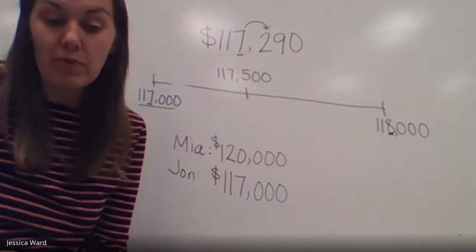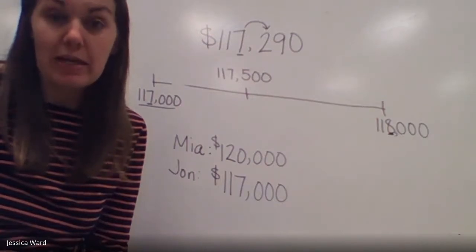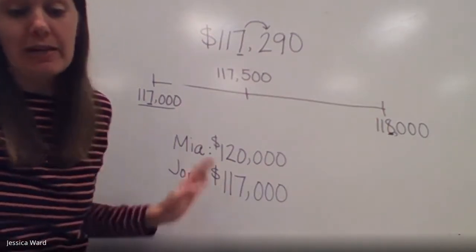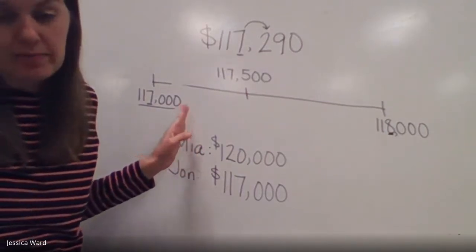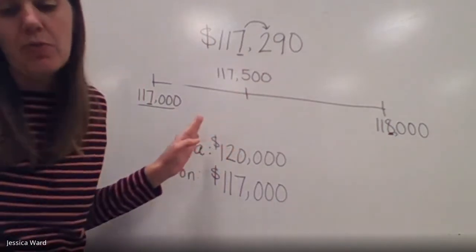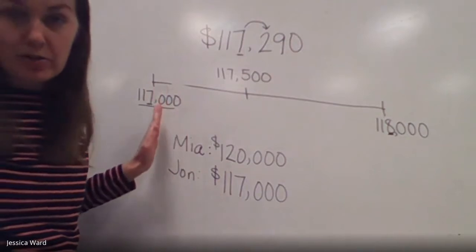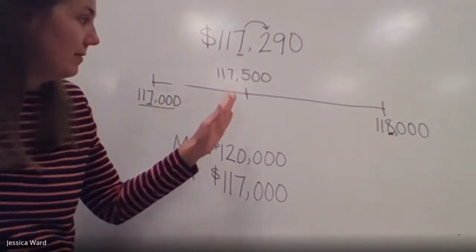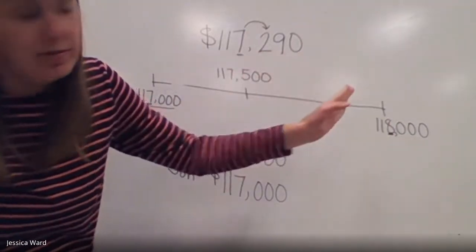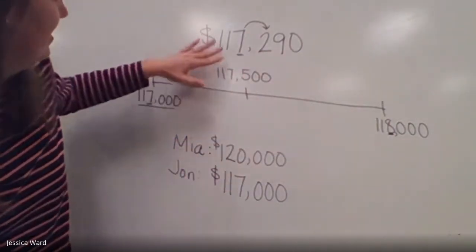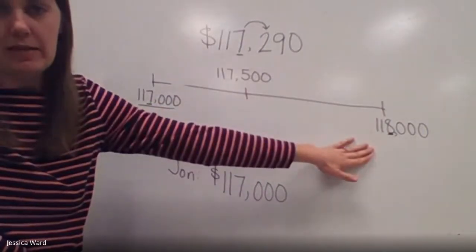Now, if you look on page 38, for the first model it says you can use a number line to round 117,290 to the nearest thousand. They've drawn a number line that is a little bit more nuanced than mine. Because they're looking at both numbers, they started at 110,000, with 115,000 in the middle, and then 120,000 on the end.